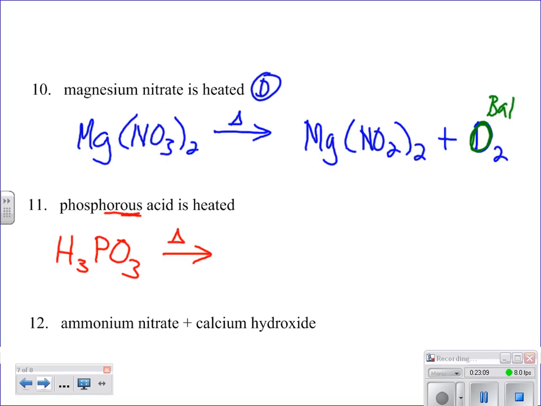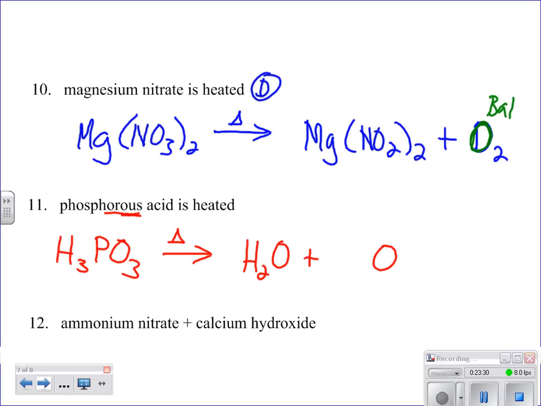So it is heated. What we end up seeing is that some acids, number 5, some acids decompose to form water plus a non-metal oxide. You hear that word non-metal, you know you're going to have to do a little bit of extra work on this.